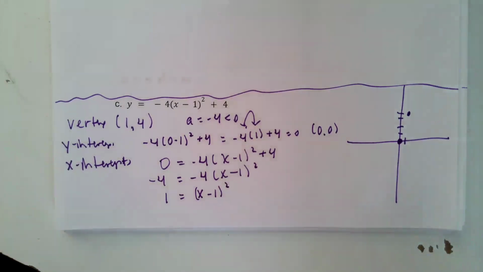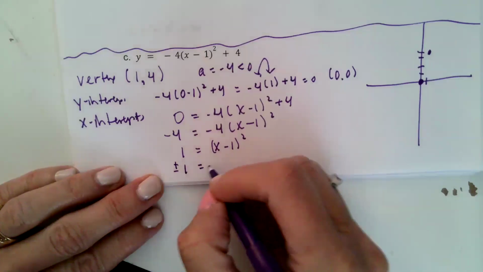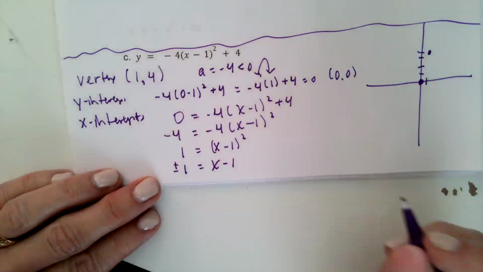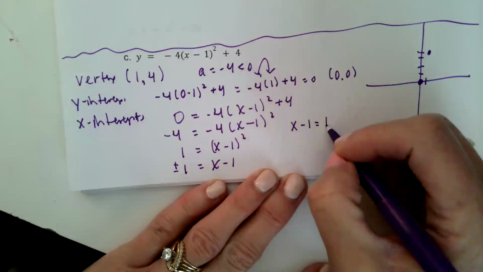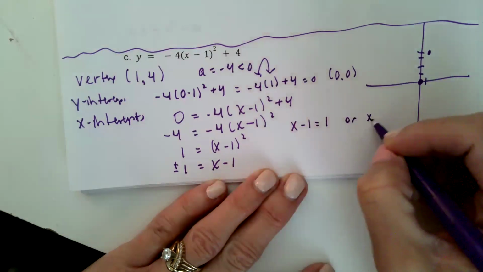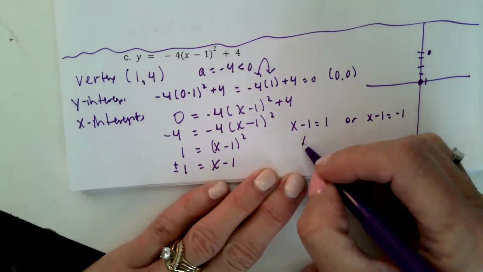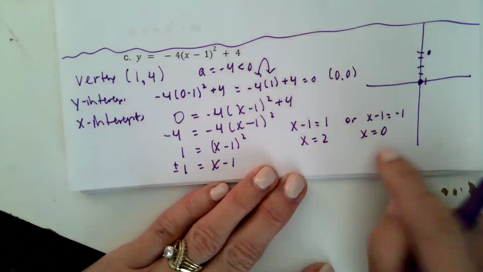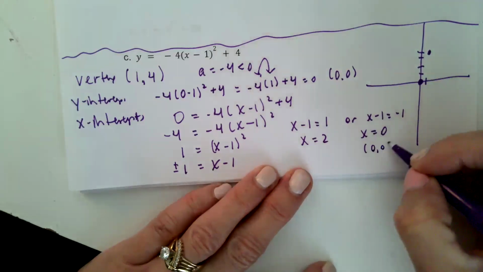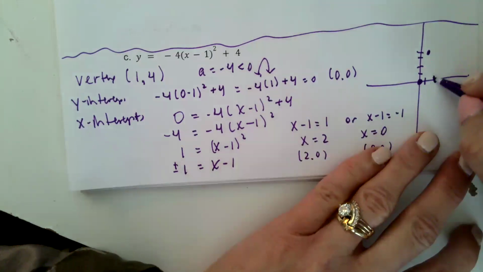And taking the square root of both sides, I get plus or minus 1 equals x minus 1. And so that means x minus 1 equals a positive 1, or x minus 1 equals a negative 1. So it could equal 2, or it could equal 0, which we already knew the 0, but we did not know the 2. So there is the other one.